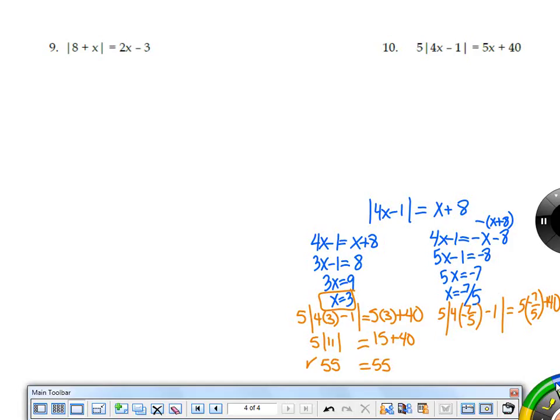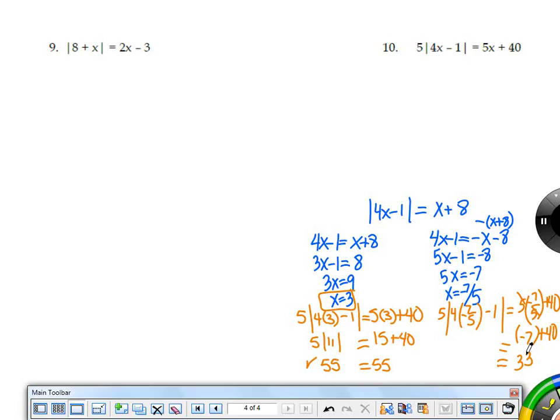So 5 times negative 7 over 5, the 5s will cancel out, and I'll just have negative 7 plus 40. So I'm getting 33. And then the question, is that going to work out on this side as well?